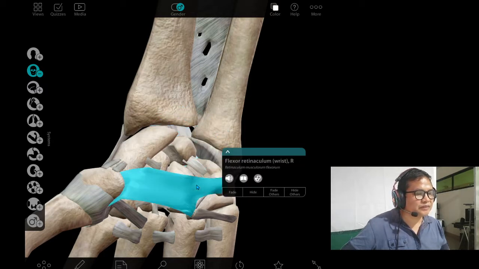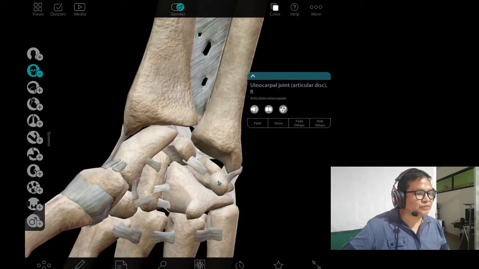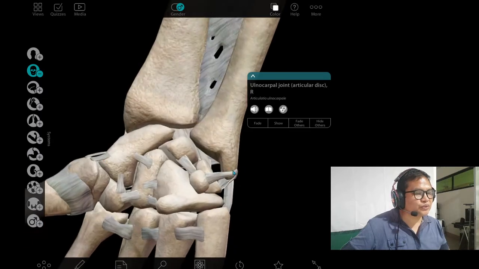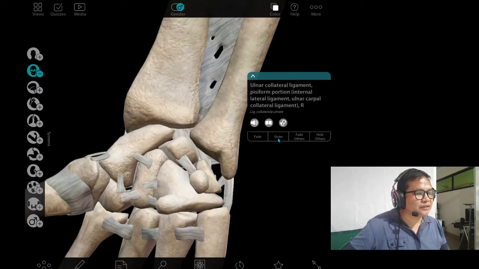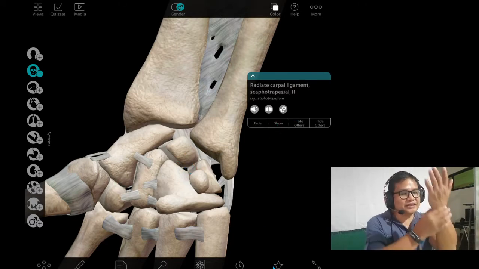So the wrist, it is composed of the carpal bones. Okay, carpal bones, these are the bones that compose your wrist bones. So there are 8 of them, 8 carpal bones here.